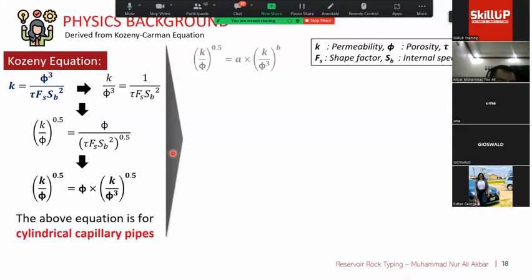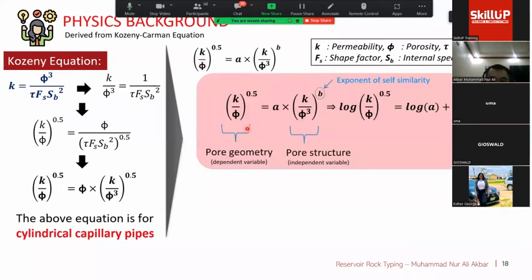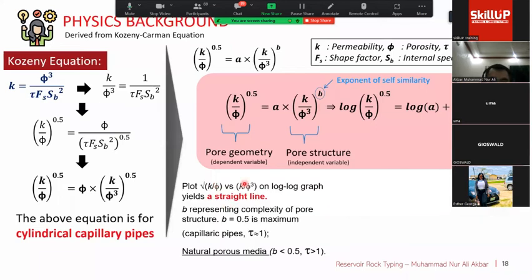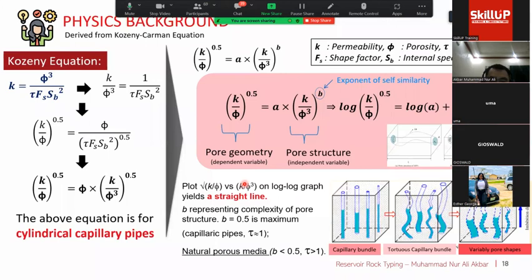Through rearrangement and modification of the equations, finally we can create the fractal model, which is the power law model of the porosity-permeability relation, where we call this parameter the pore geometry, and this parameter the pore structure, while B we call the exponent of self-similarity. When we plot pore geometry and pore structure on a log-log graph, it will create a straight line. And B represents the complexity of the pores, with a maximum of 0.5.